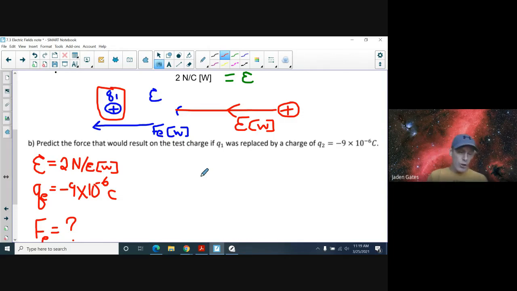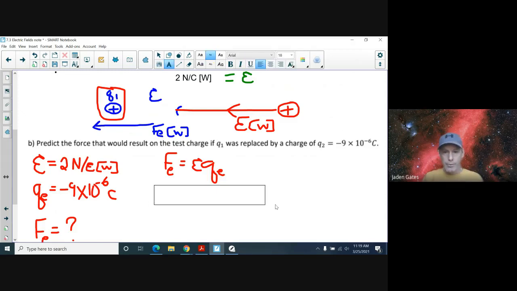Well, this charge is going to experience a different force because it is a different charge, even though it's in the same electric field strength. Now again, I'm going to use my formula here. Fe is equal to epsilon times QE, because it's the charge experiencing the force.